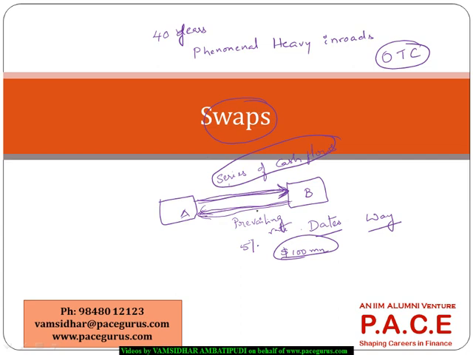So the agreement could be in terms of cash flows, or probably it might so happen that A might be agreeing to pay B, let's say, $100 every period, and B might agree to pay 6,000 Indian rupees every period. Probably this agreement could talk about payment every 6 months.